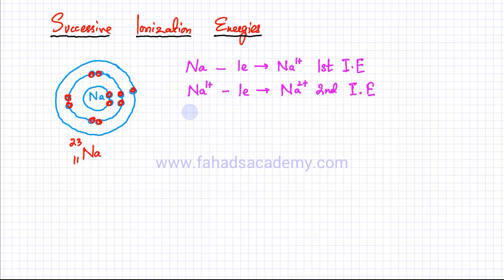I'm going to remove another electron, and now sodium is 2+, and I remove another electron, and it becomes Na3+, and that's my third ionization energy, and so on and so forth.